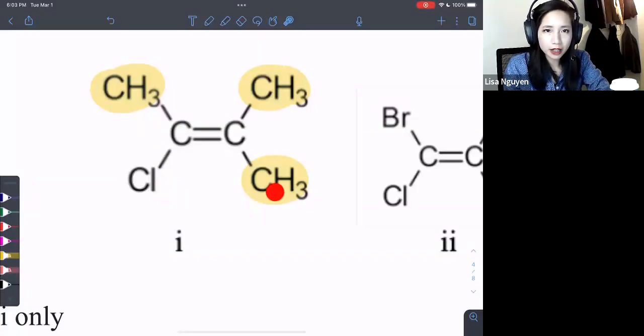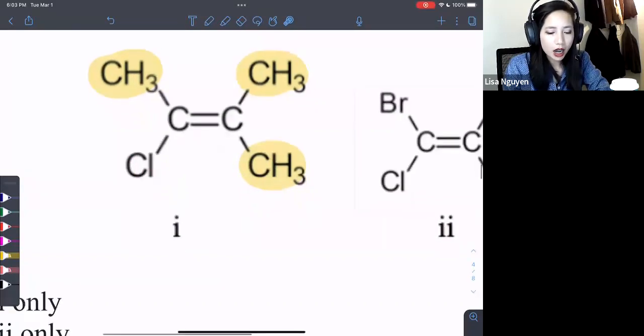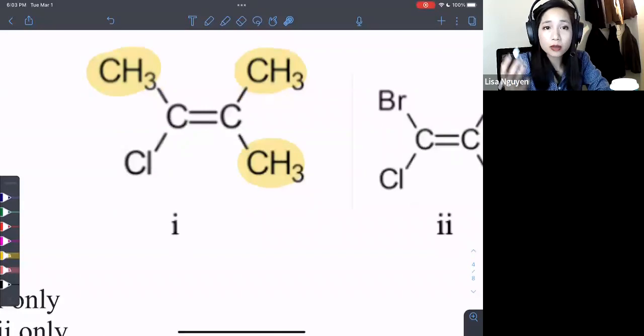We have 3 methyl groups and a chlorine group on this molecule. So where geometric isomerization comes into play is, let's not change the connectivity, but change the place of 2 of the groups on one of the carbons and see if that's a new unique molecule.